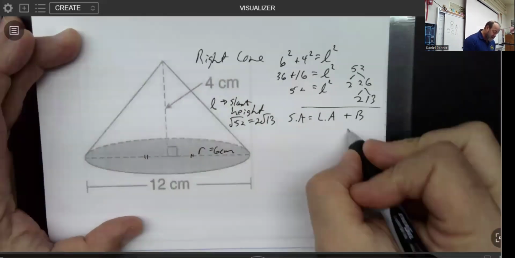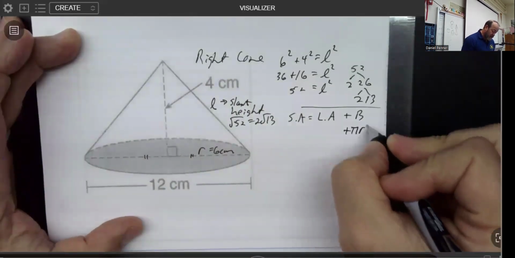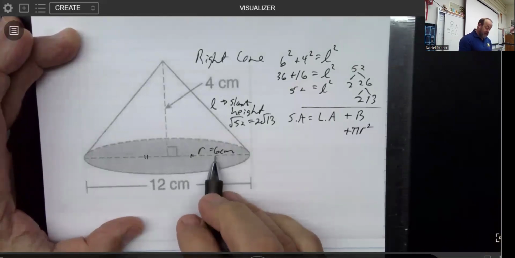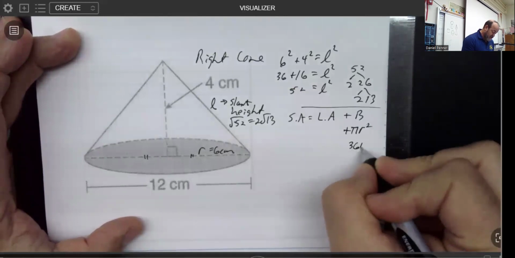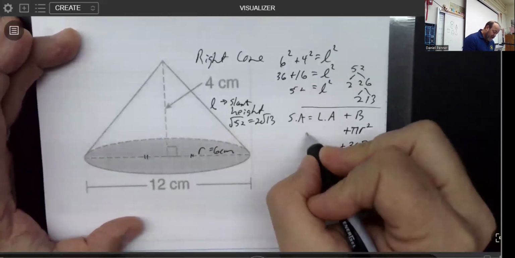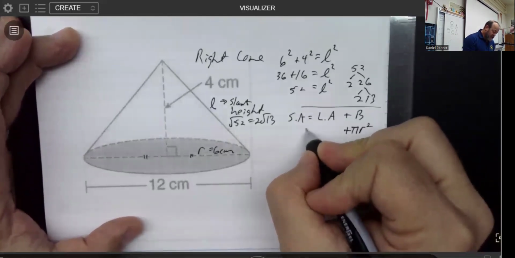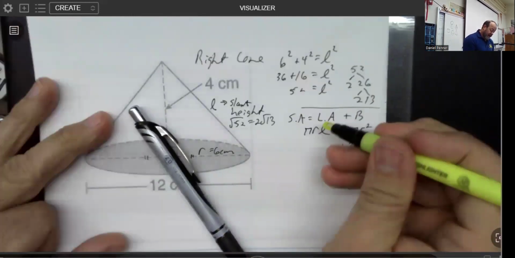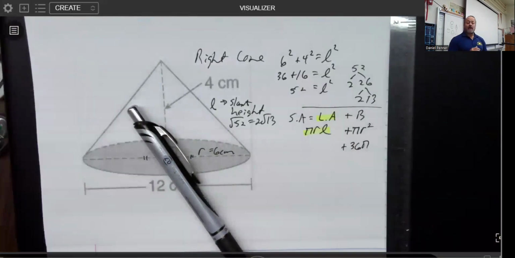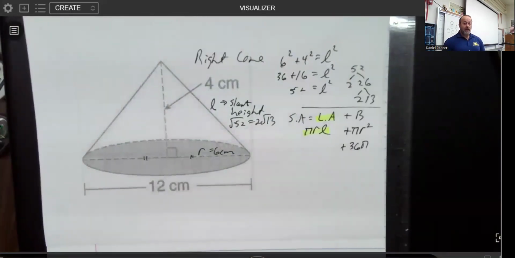Of course, our base is pi r squared, which in this case is 6 squared, which is 36. And the lateral area of a cone, which is not often known by people, is pi times the radius times that slant height.